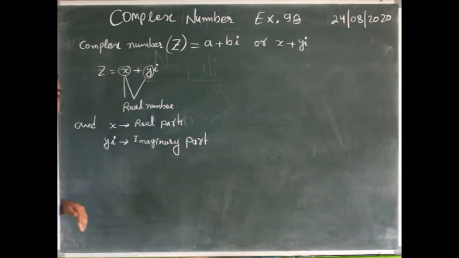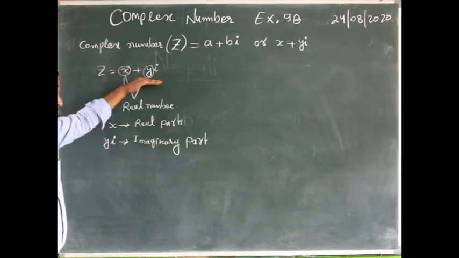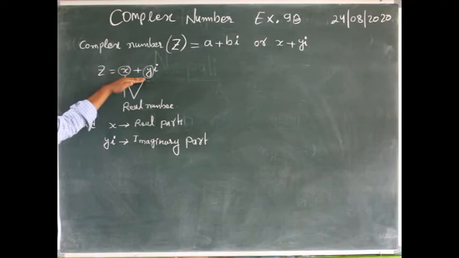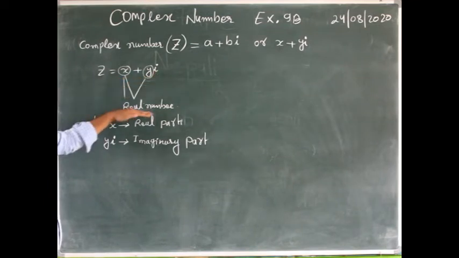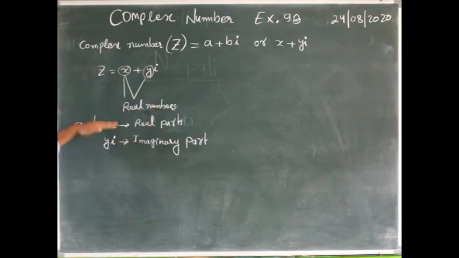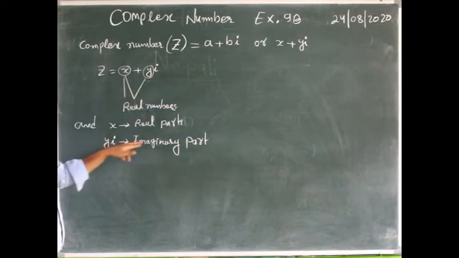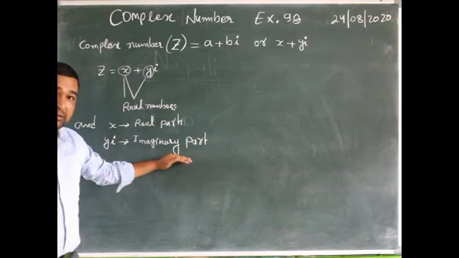A complex number is the sum of real part and imaginary part. X and y without i are real numbers. The first part is called the real part, and the second part, with i, is called the imaginary part.